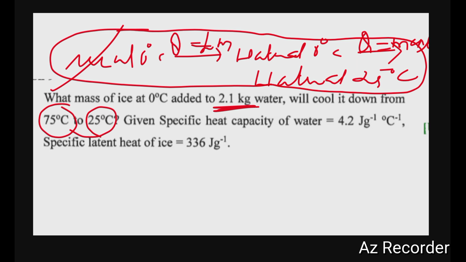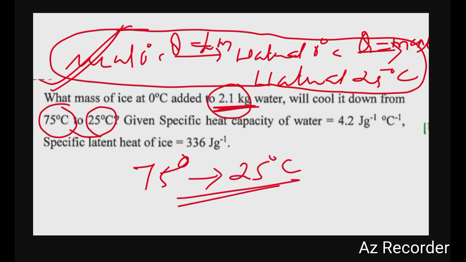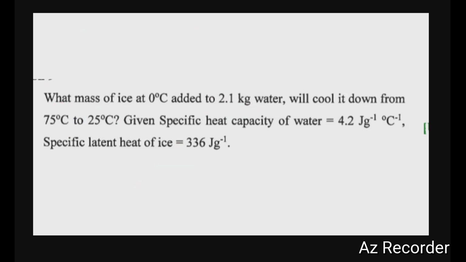So the ice gains heat while the water loses heat energy. This is what happens to the ice and to the water initially present in the container. So let's look at it.